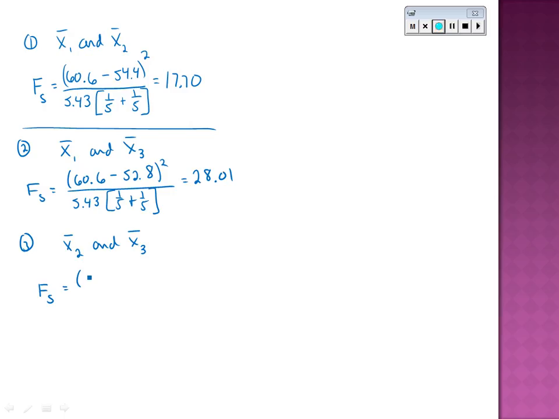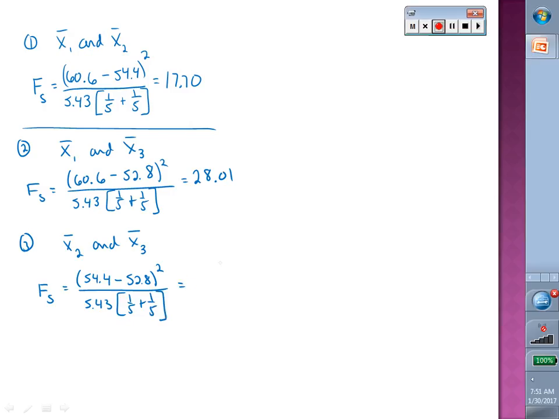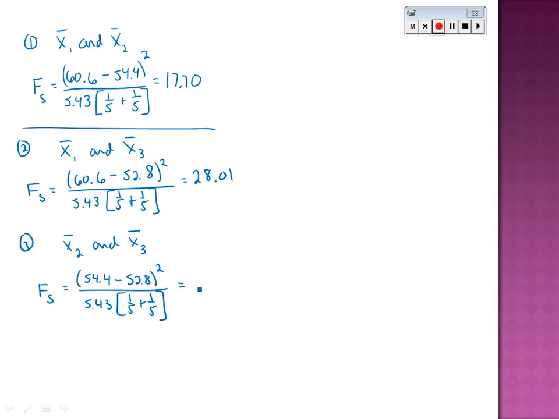So x bar 2 for Boston was 54.4 minus Detroit 52.8. That quantity is squared. And then our denominator once again is the same, since all our sample sizes are the same for this one. That will not be the case all the time. And we come up with approximately 1.18 for that value.